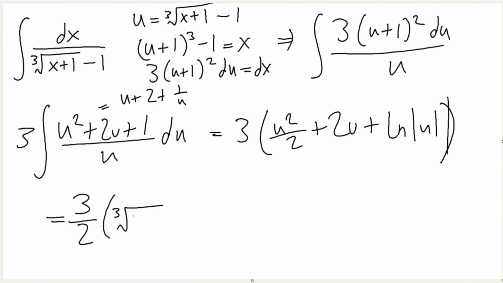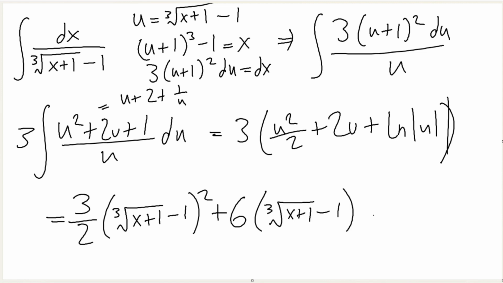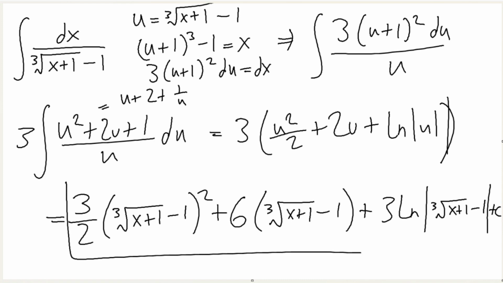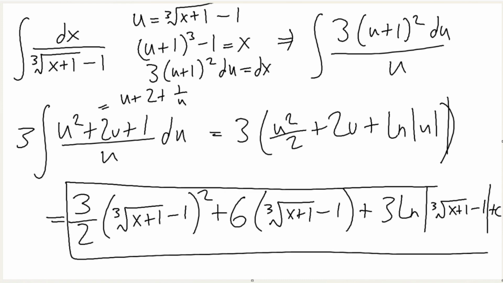The cube root of x plus 1 minus 1, squared, plus 6 times u, where u is the cube root of x plus 1 minus 1, and then plus 3 ln of u, which is the cube root of x plus 1 minus 1, plus c. And this very long answer is our solution for this integral.